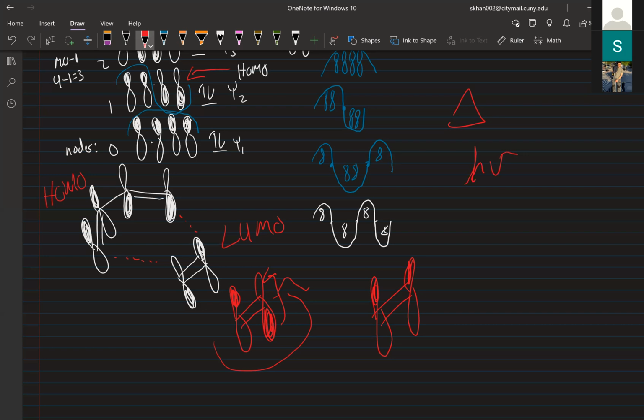Light actually changes the HOMO and LUMO around. So when you have UV light, you could just write UV or light. Light is energy, it's photons.